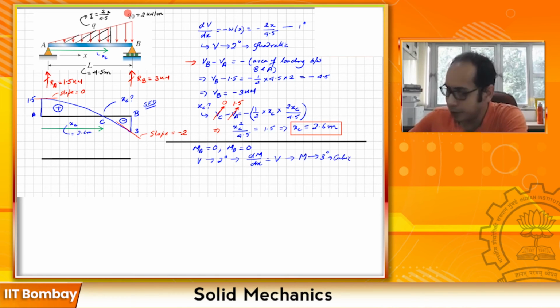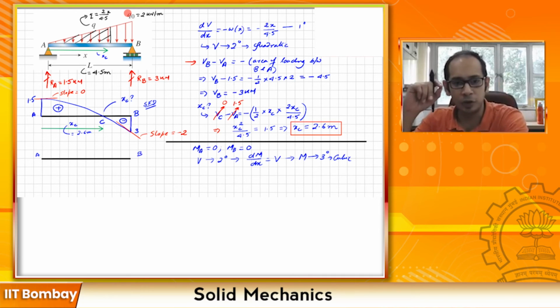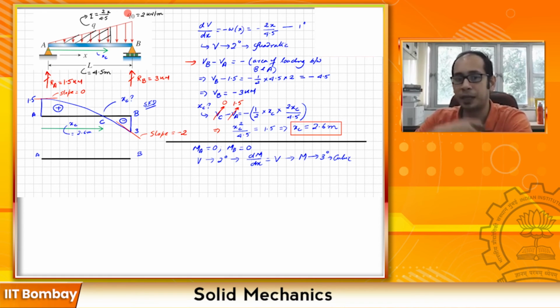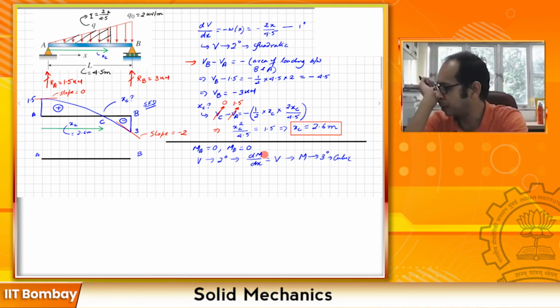We have a cubic variation from A all the way to B. This is your A and this is your B. At A the value of the moment is 0, and at B the value of the moment is also 0. And can you guess where the maximum moment is going to happen? Yes, you're right, the maximum is going to happen where the shear is 0, because from this relationship, where the shear equals 0, you get the maxima at that particular point.